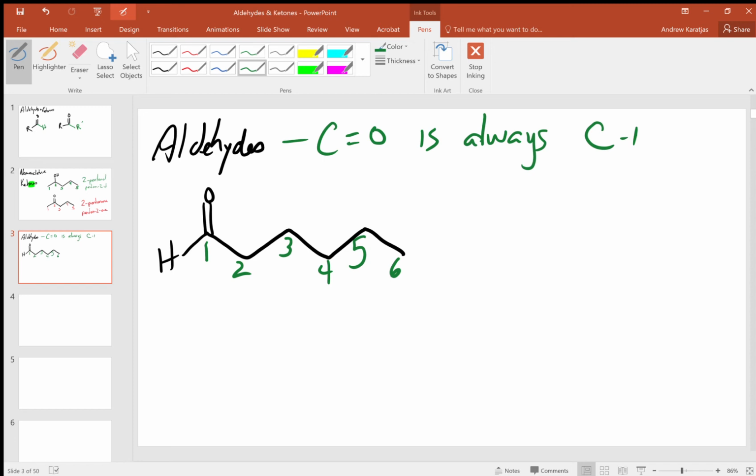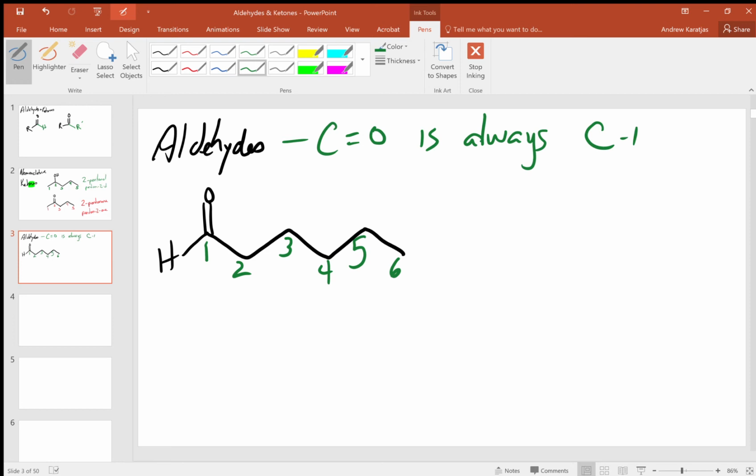And so that makes our nomenclature quite a bit easier because we know from the past that often one of the more annoying pieces in nomenclature was trying to determine which direction to number the chain in. With aldehydes, we don't have to worry about that because we always define the carbonyl carbon as carbon 1.